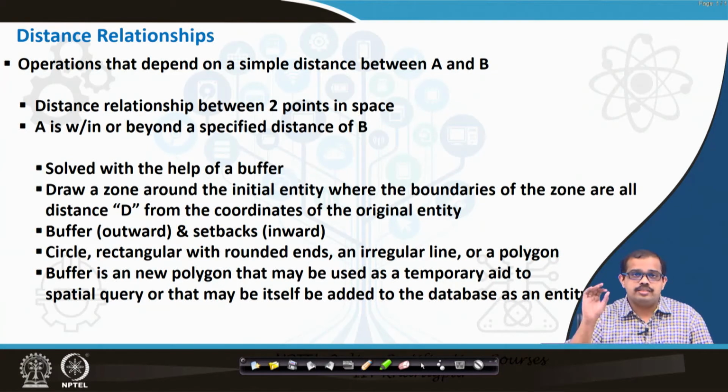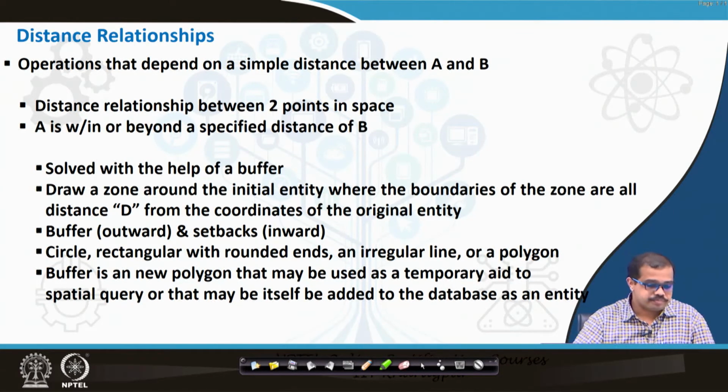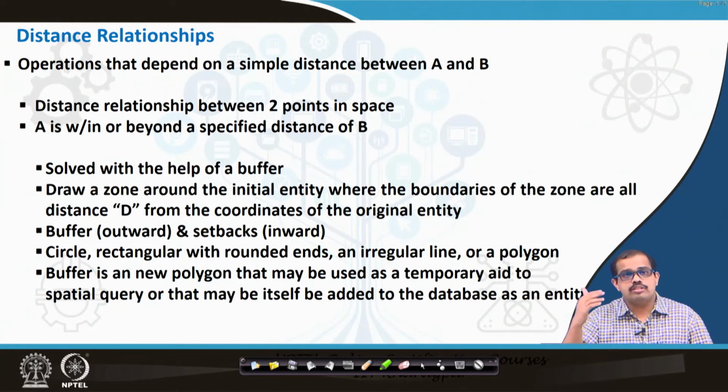The best way to do this is by using the help of a buffer. How do you do this? Basically, first I will draw a zone around the initial entity where the boundaries of the zone are all at distance d from the coordinates of the original entity. Now, there is a buffer that is outside and a buffer that is inside.